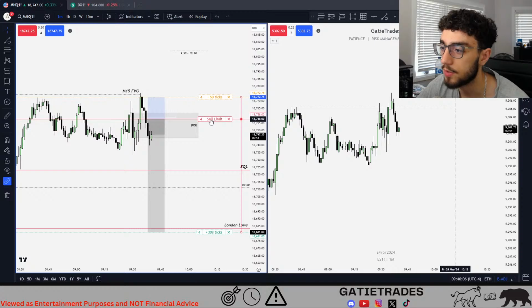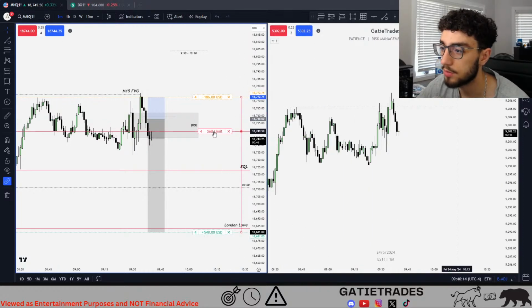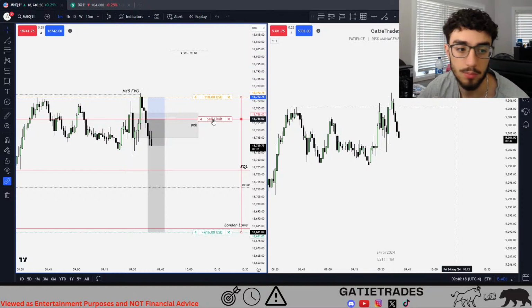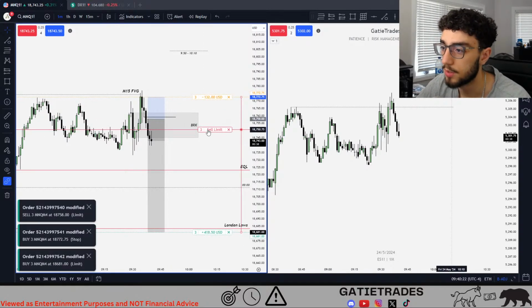Just gave an entry on the first one. We might have, I want to say, how many more ticks is that? I'm going to change this to P&L because I want to see if it's in my risk parameters. 136 is too much. That looks like a breakaway gap there. But we can take it with 3 lots.